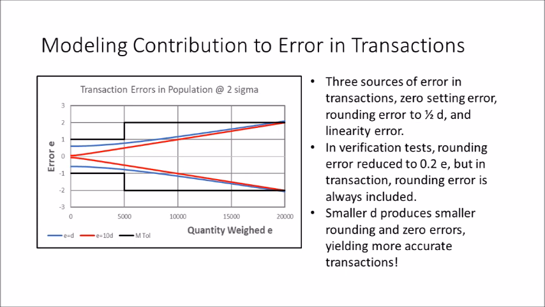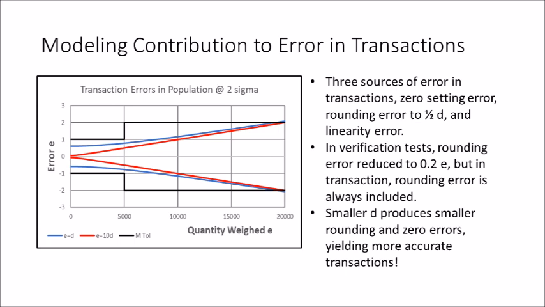This model is talking about a whole bunch of transactions on a whole bunch of different instruments. There are 3 sources of error. In every measurement, you have a 0 setting error. If you don't start at exactly 0, you affect all of the measurements. Then you have the rounding error to a half a D, and then you have the linearity error.